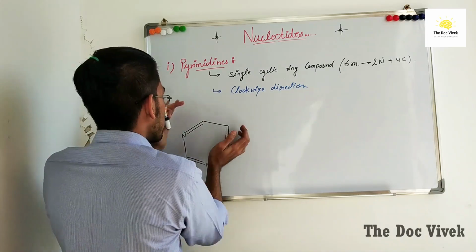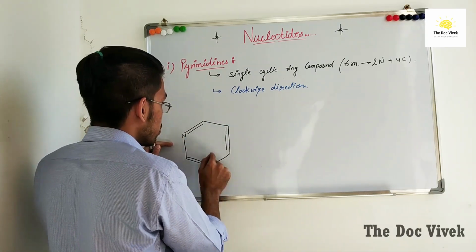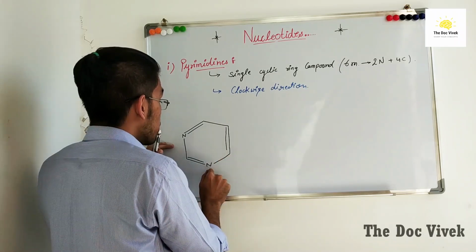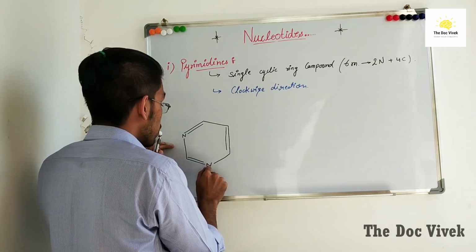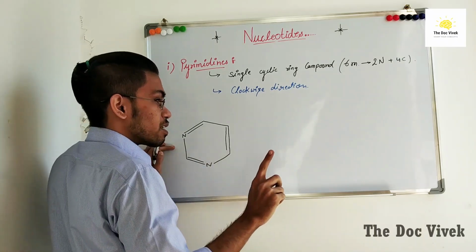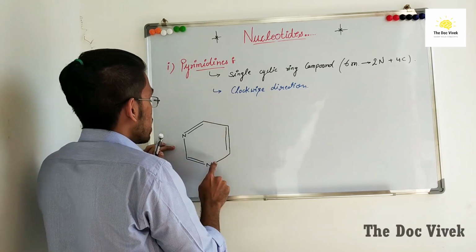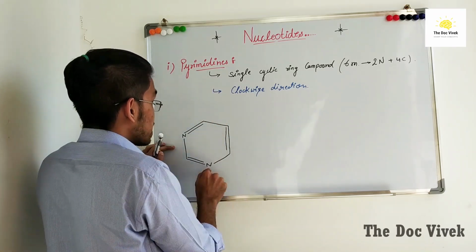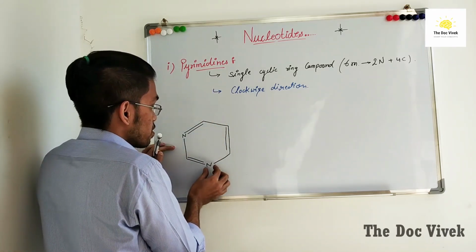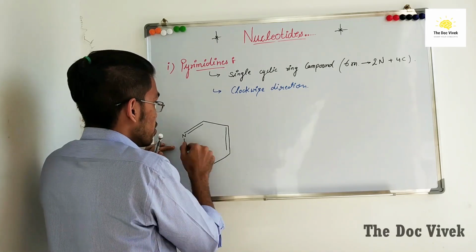So the numbering will start from the nitrogen which is on the apex. You can remember this: in pyrimidines, the numbering will start from the apex, not from the sides.